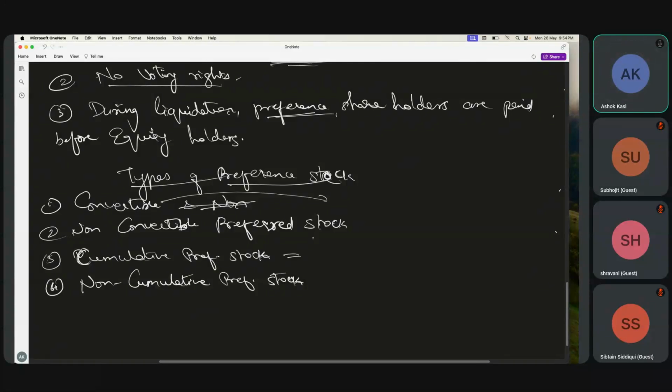So next year it will be accumulated and further it will be paid to you. That means you are not going to miss out. This year you are not getting, but next year you will get it. That is called cumulative preference shares.